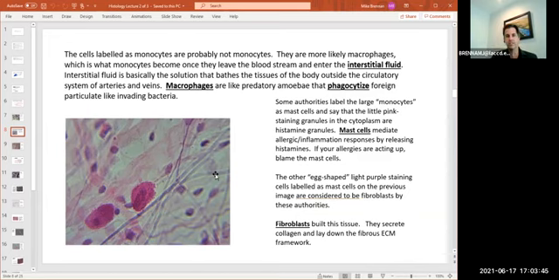Okay, so these other lighter purple staining cells that aren't sharp and angular, that aren't really dark, some textbooks say, oh no, those are fibroblasts. But fibroblasts did make this, and I'm gonna highlight a few of them with a cursor. Number 1, number 2, number 3, number 4.